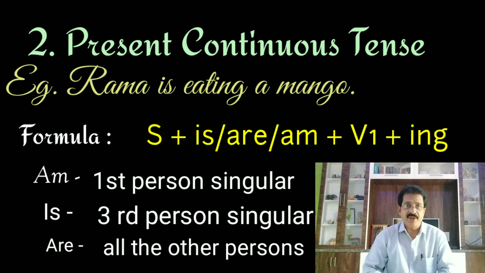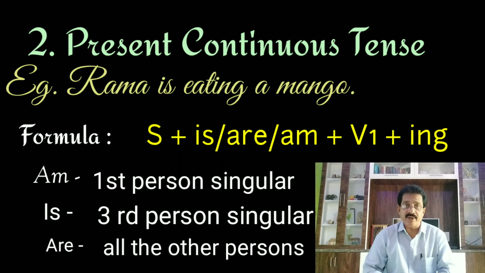For example, first person plural, we are eating a mango. Then second person singular, you are eating a mango. Second person plural also, all of you are eating mangoes. Then third person plural also, they are, these are, those are eating mangoes.